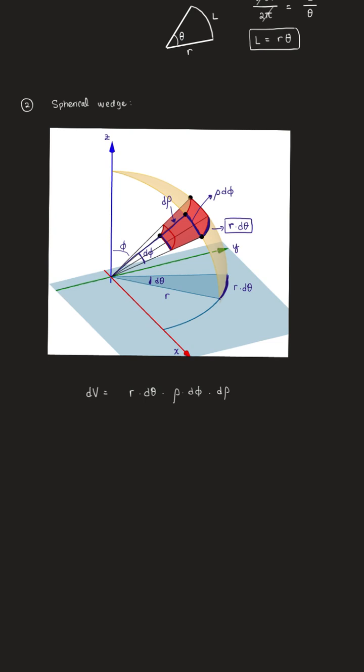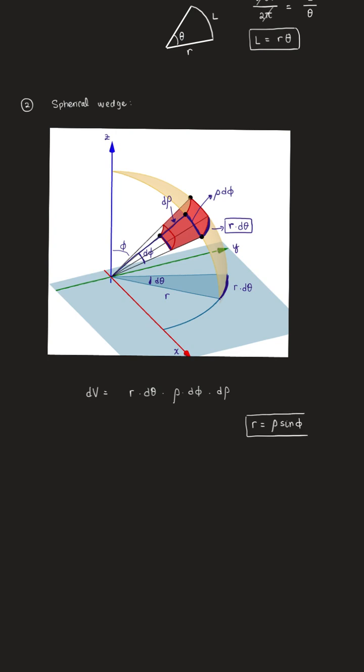So we're very close to getting our volume differential. The only problem is that we have an r here that's not one of our spherical coordinates. But we do know how to relate r to phi and rho. So one of our conversion elements is that r is rho times the sine of phi. And you can look back at the first introduction of spherical coordinates if you want to see where this comes from.